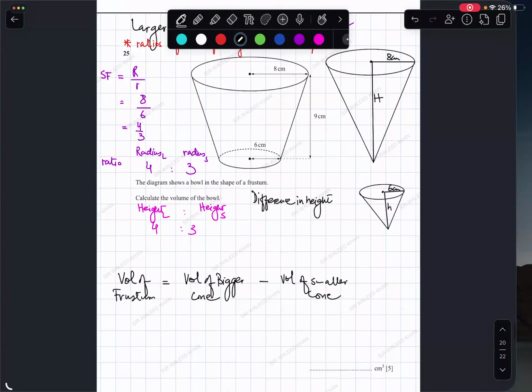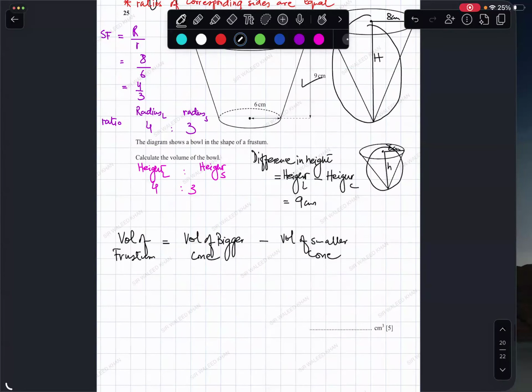The height of the bigger cone minus the height of the smaller cone. Isn't it this? Yes. So height of bigger cone, larger cone, minus height of smaller cone is 9 centimeters. The difference is already given to us, right? And the difference in ratio over here is 1. The difference in ratio is 1.